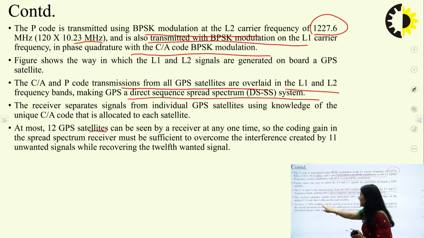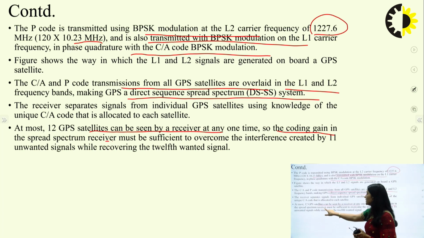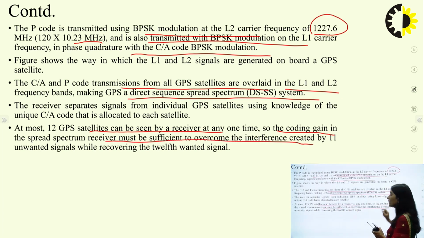Almost 12 GPS satellites can be seen by a receiver at any one time. The coding gain in the spread spectrum receiver must be sufficient to overcome the interference caused by the unwanted signals. As we know, a maximum of 10 to 12 satellite signals can be received at one time by a GPS receiver.